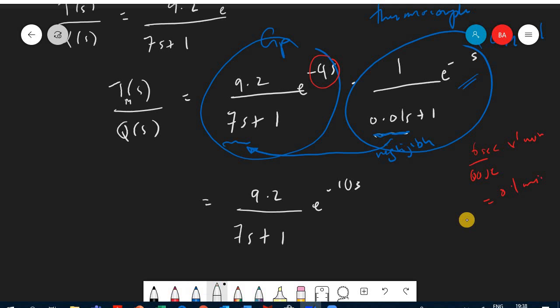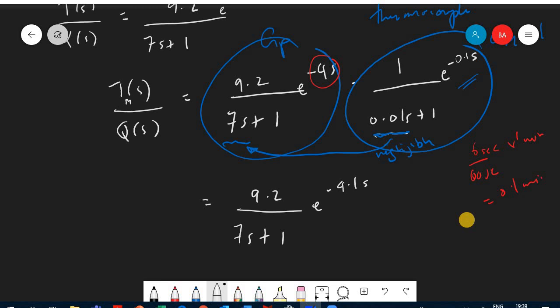Now it makes sense for me. I was just wondering why this number was really big. So the delay is 0.1 minutes, and that is much better. So great, this is what we had obtained from our problem here.